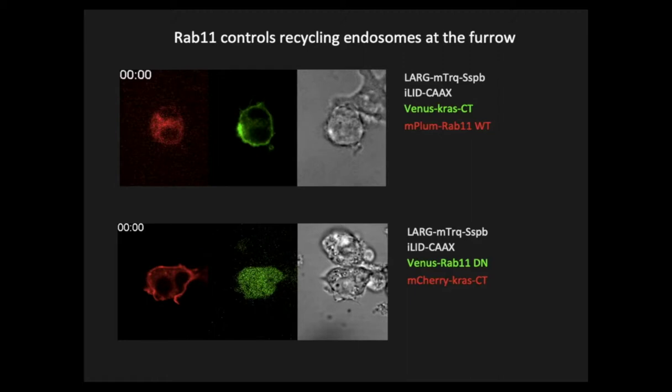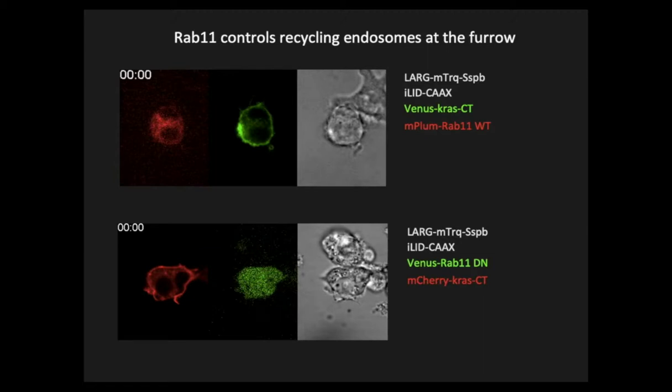Next, we looked for recycling endosome proteins, and in this case, we tracked RAB11. As we know, the RAB proteins play an essential role in the processes that underlie the targeting and fusion of transport vesicles with their appropriate receptor membranes.